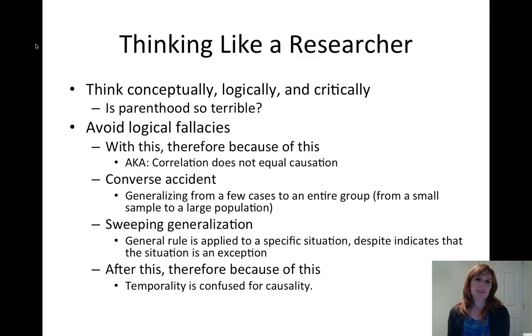And one of the reasons I shared the Washington Post article with you and the blog response to that is being able to think both logically and critically, and really being able to dig deep into the research and make the kind of comparisons that the author of the blog post makes in looking at the raw numbers and really thinking a little bit more about what those numbers mean, how we interpret those, and what kinds of conclusions we make from data like that.